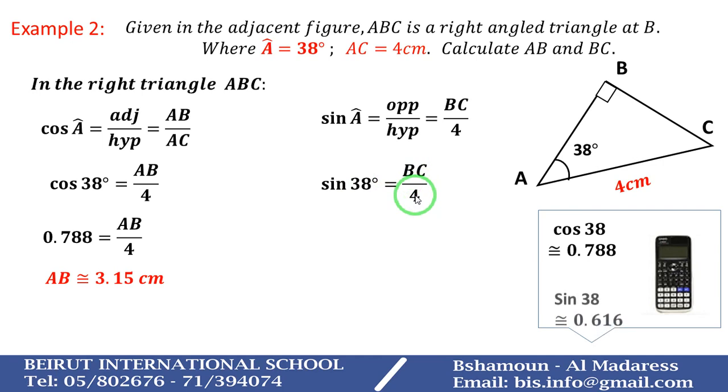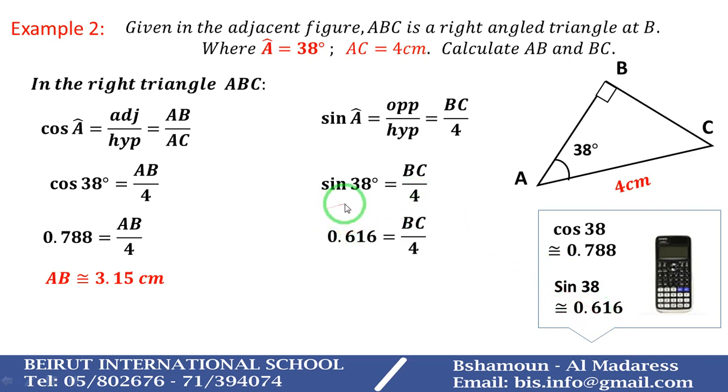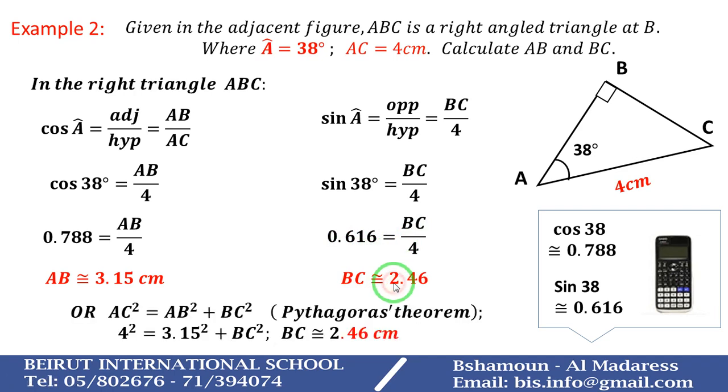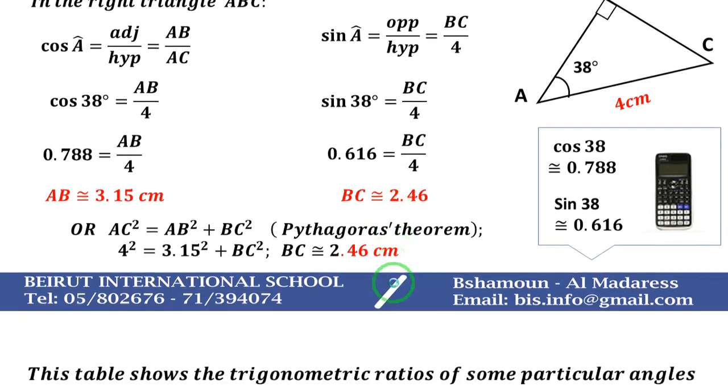On your calculator, put sine 38 and you will have 0.616 approximately as a result. Substitute the value of sine 38 degrees by its result, and by cross product you will get BC equal to 2.46 approximately. Also, you can use the Pythagorean theorem to calculate the length of the third side, and you will have the same answer.